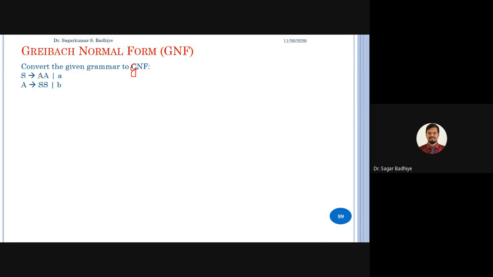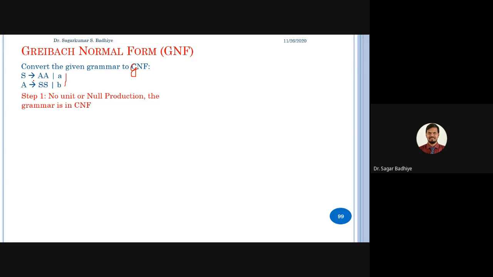Is this in CNF? Yes, so this is already in CNF, and the first step for converting a given grammar to GNF is to convert it to CNF. Now, the first step is already fulfilled because the given grammar itself is in CNF.